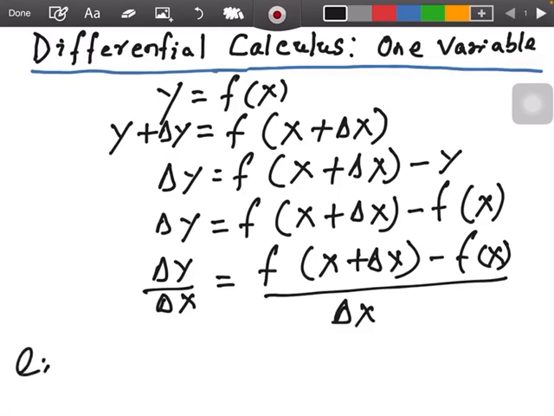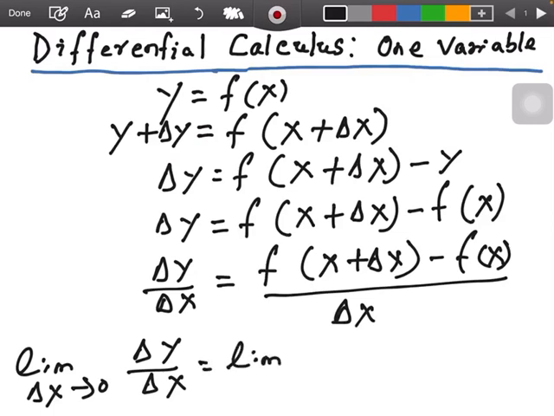Taking limit delta x tends to 0 on both sides, you see, on both sides limit delta x tends to 0 is taken.